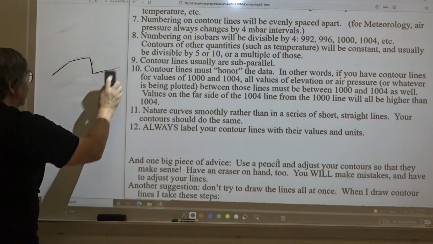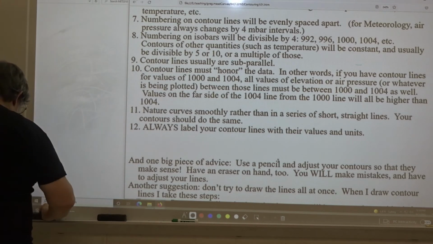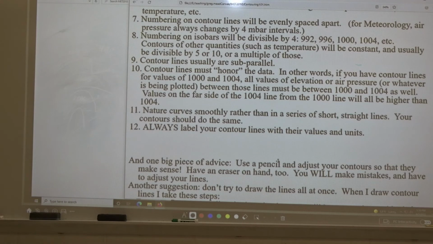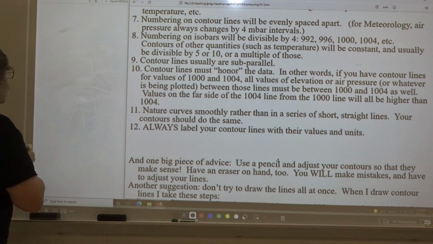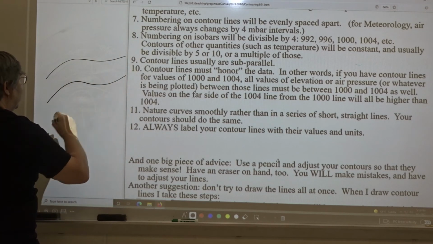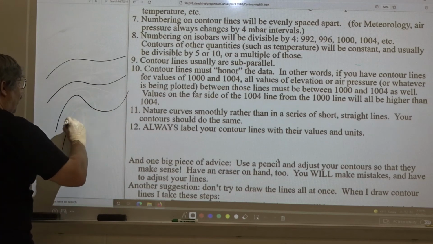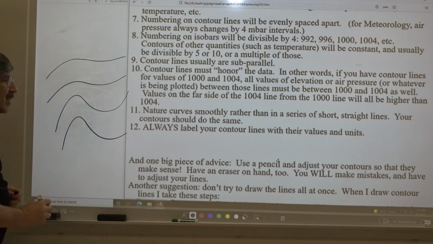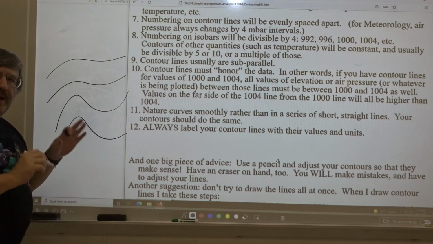And the last thing is not always shown in commercial contour maps of, say, elevation, but a good general practice as you are learning how to make contours is to always label your contour lines. If you have a series of contour lines, always label them, and don't just label them once.